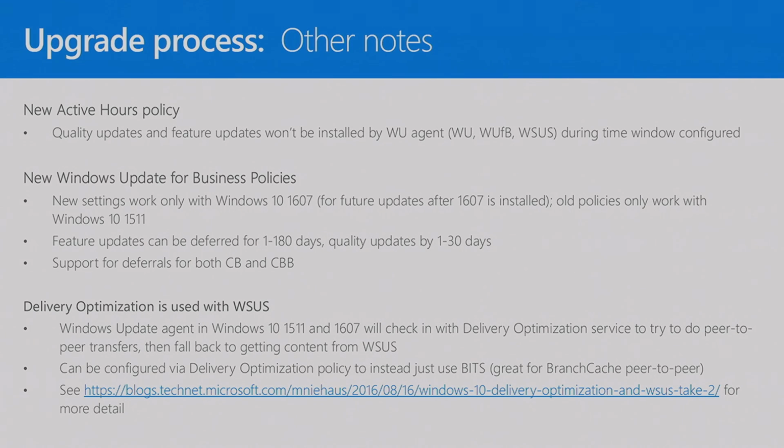We talk about using ring deployments and doing multiple pilot rings followed by multiple broad deployment rings, but you couldn't actually implement that using the Windows Update for Business policies because it didn't allow deferrals within the Current Branch. The new settings in Windows 10 1607 allow that because they break it apart and let you set the branch and the deferral separately. So I can specify in days how many days I want to defer based on the CB or CBB timeframes. So a lot more flexibility there.